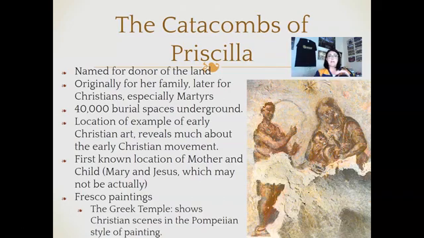And so this massive plot of land, which underneath it was these burial grounds and these cubiculi, there were 40,000 burial spaces at least underground. And we know that there at one time were very wealthy families that were buried down there. So for example, there were these huge marble sarcophagi that were there, but there were also just the common everyday people, because it was this idea of supporting each other as a community.